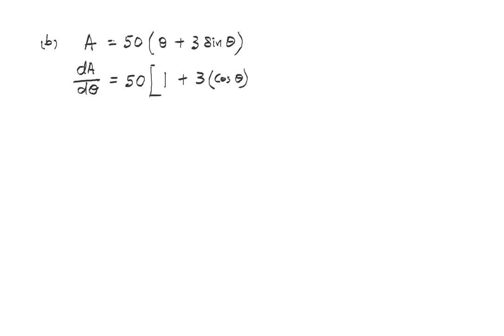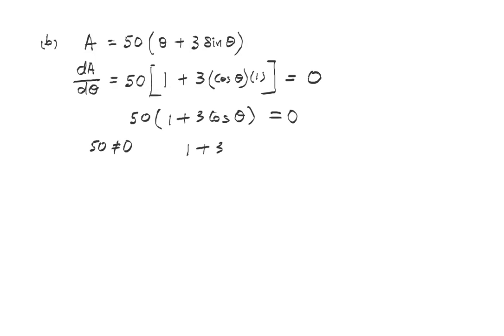The rate of change of theta is 1. So this one equal to 0 for maximum or minimum to happen. All right. So I have 50 times (1 plus cos theta)... equal to 0. 50 cannot be 0. 1 plus 3 cos theta equal to 0.